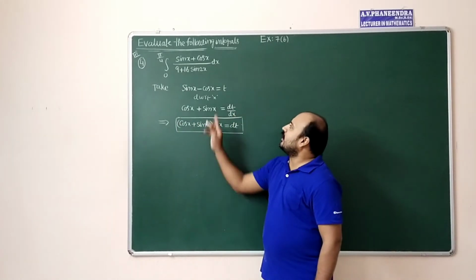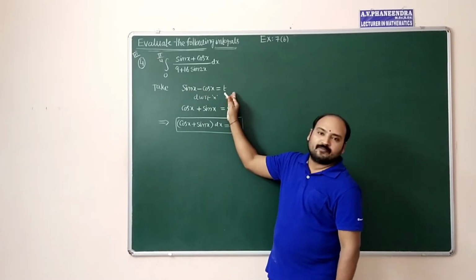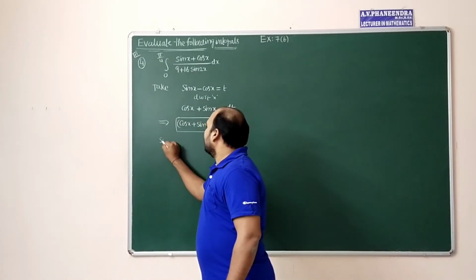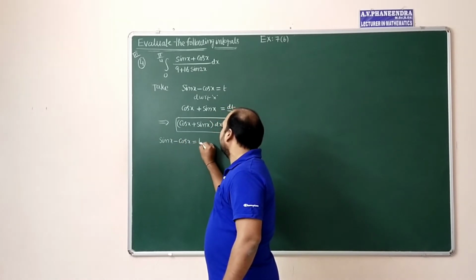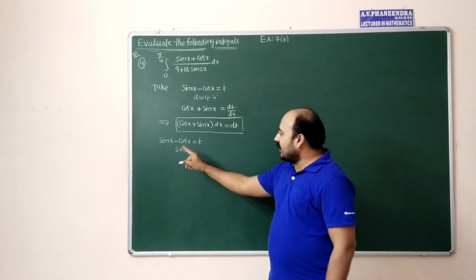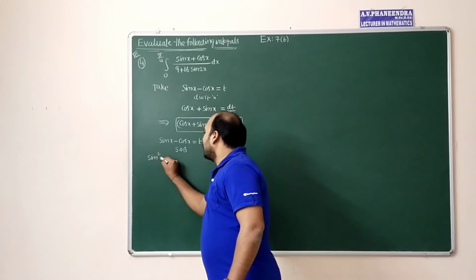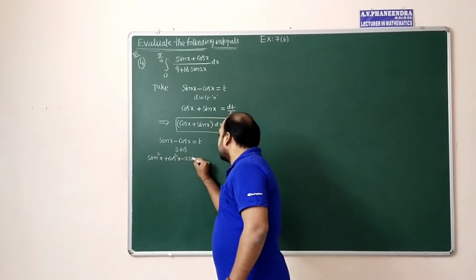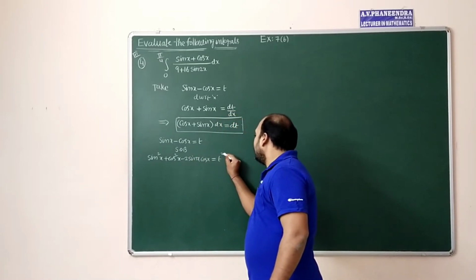And we need to get the information of sin 2x by taking the help of the assumption. So now again consider sin x minus cos x is equal to t, squaring on both sides, a minus b whole square expansion: sin square x plus cos square x minus 2 sin x cos x is equal to t square.